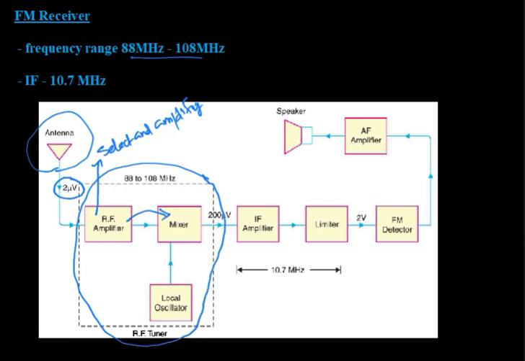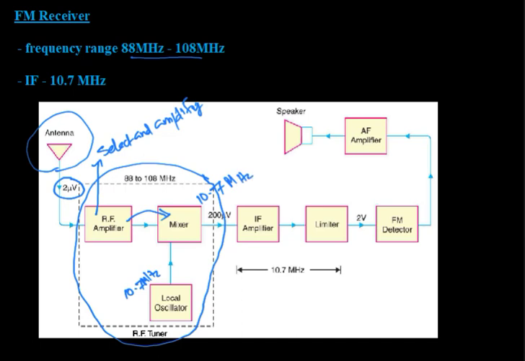The local oscillator produces a very high frequency, usually 10.7 MHz greater than the frequency selected by the radio frequency amplifier, and this is given to the mixer. The mixer produces a signal of frequency 10.7 MHz.